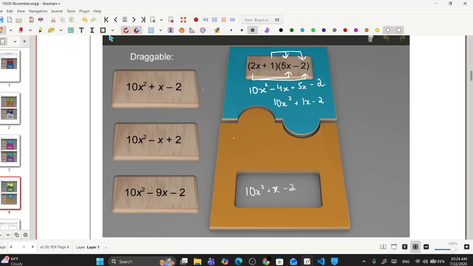So this answer makes the most sense: 10x squared plus x minus 2.